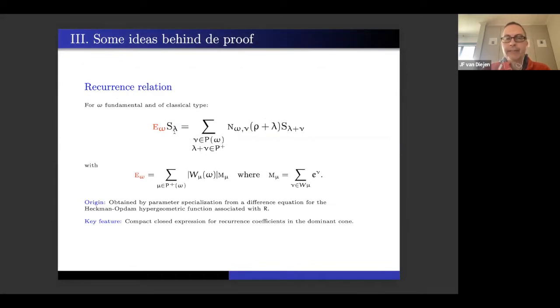The proof is based on a recurrence relation, and it's of this type. It's basically an explicit expansion for the character multiplied by another polynomial in the character ring, and for this other polynomial usually people use the symmetric monomial, and then this expansion can be computed, but it usually takes you outside of the dominant cone, and you have to reflect back, and that's why these expansion coefficients are kind of hard to compute if you use the monomial basis.